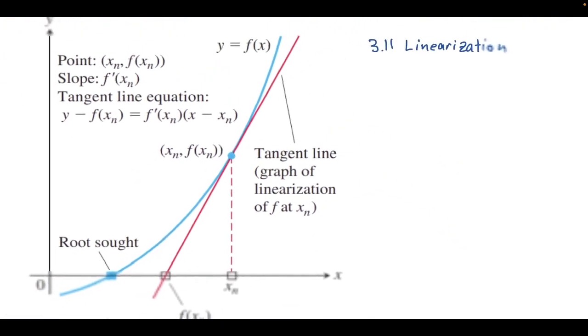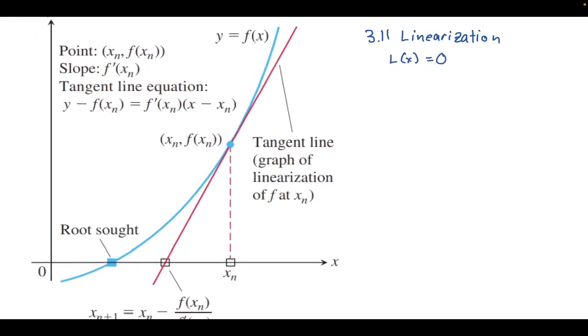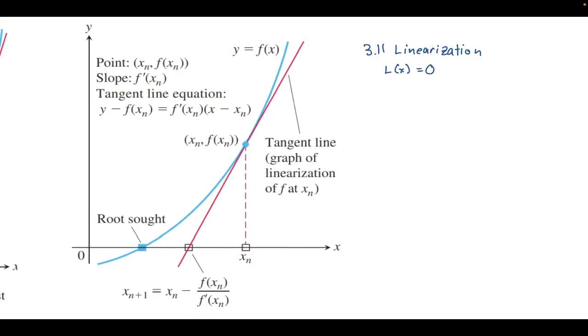And remember what we said. We want the tangent line's x-intercept. So in other words, what we're going to do is look at L of x equal to 0. L of x refers to the linearization. For a review of that, look back to section 3.11. Okay, so if L of x is equal to 0, aka we're looking to find the x-intercept of the tangent line, what we're going to do is replace L of x with the actual linearization.